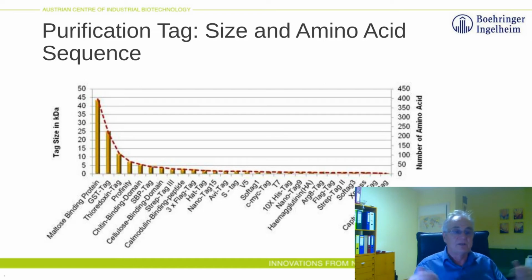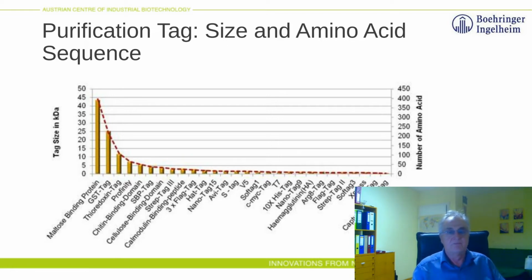But this is not the subject of this talk here. On the right-hand side of this graph, you see that the CaptureSelect C tag and the His tags are the smallest ones, and they are also very commonly used in the laboratory.